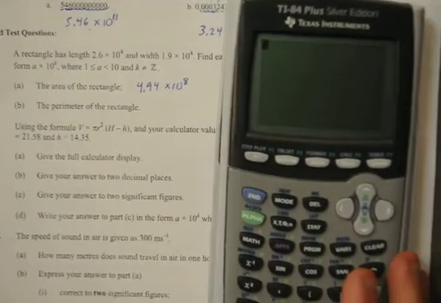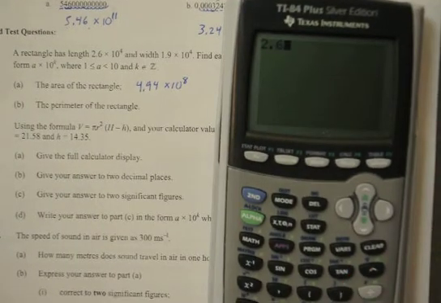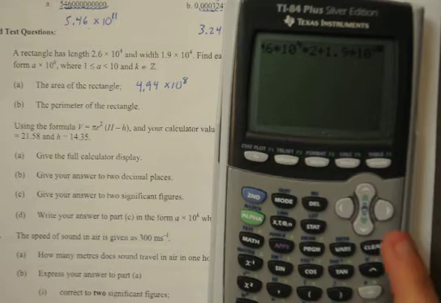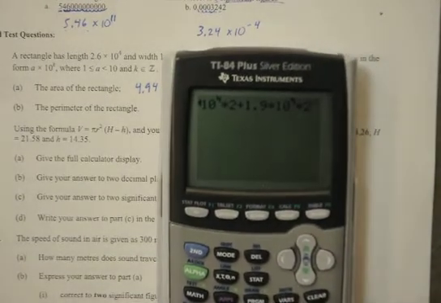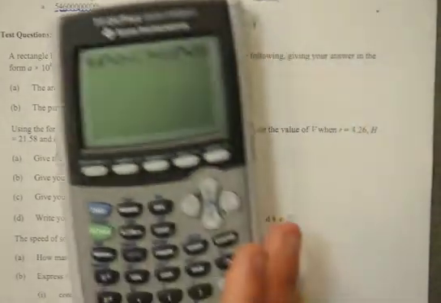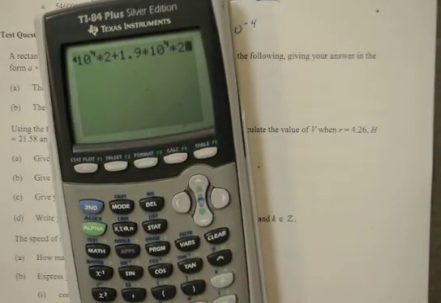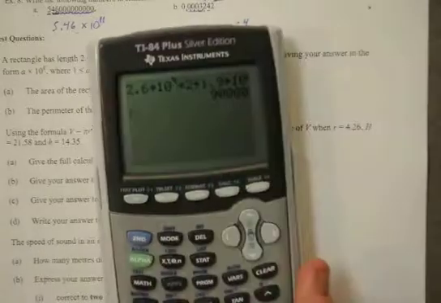So we're just going to do 2.6 times 10 to the fourth times 2, because there's two widths, and then we'll add it to 1.9 times 10 to the fourth times 2. You should be doing these calculations in your calculator as well to get to know your calculator. But this should be the perimeter.